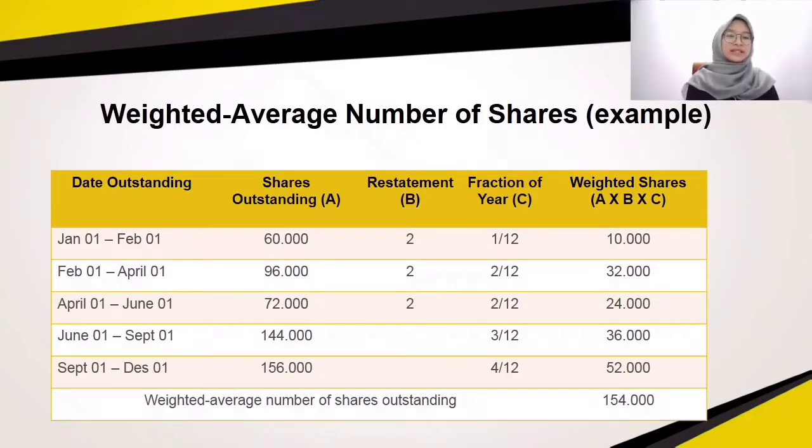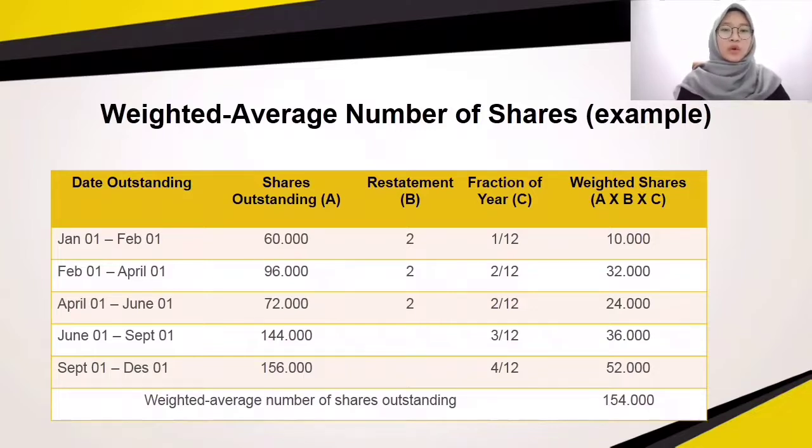And next, this is another example of the weighted average number of shares. The period outstanding is 1 January until 1 February. The shares outstanding are 60,000, the restatement is 2, and the fraction of the year is 1/12. The weighted shares is A multiplied by B multiplied by C, and we have 10,000.